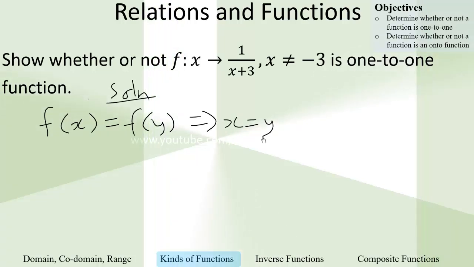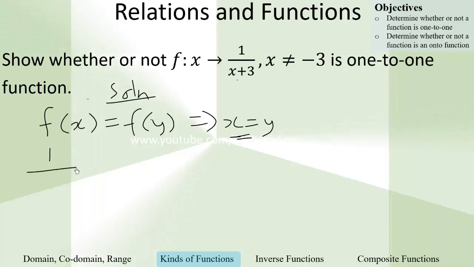So if you get this conclusion, then it means it is a one-to-one function. So f of x, it means wherever you see x, put x, and that will give us 1 over x plus 3.